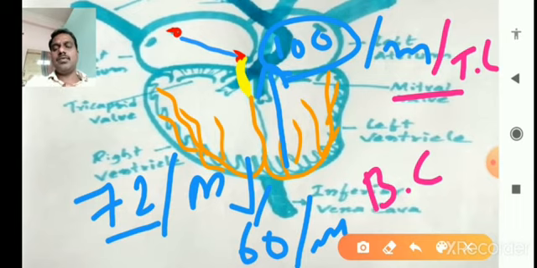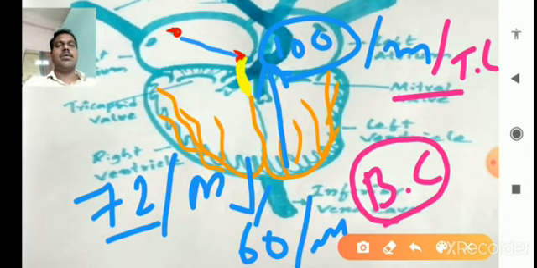If there is any defect in the SA node, it causes bradycardia. If the pacemaker is changed, the bradycardia will be cured, meaning the heartbeat is increased.